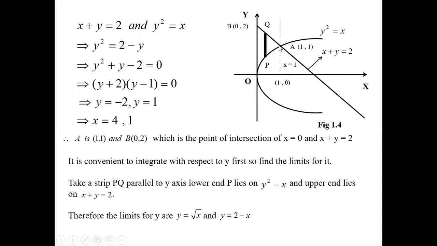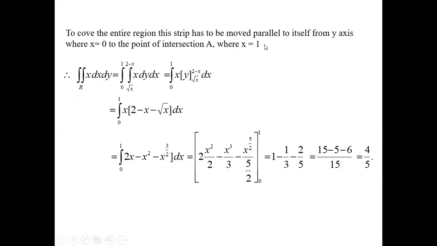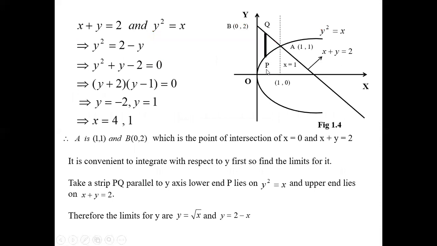So this becomes a point of intersection for finding the corresponding limits for x or the limits for y. So this region becomes OAB, that is O, then A, and this is B. So this OAB is the region of integration, not this region.